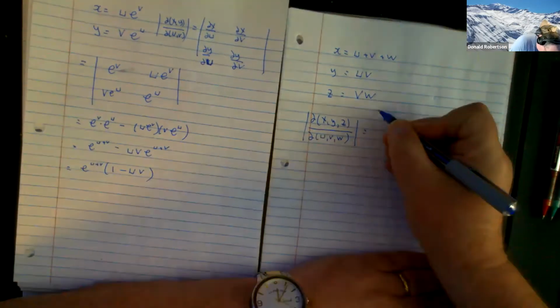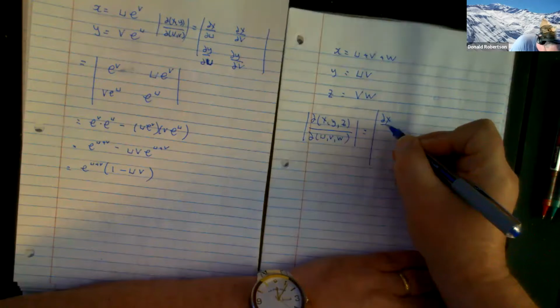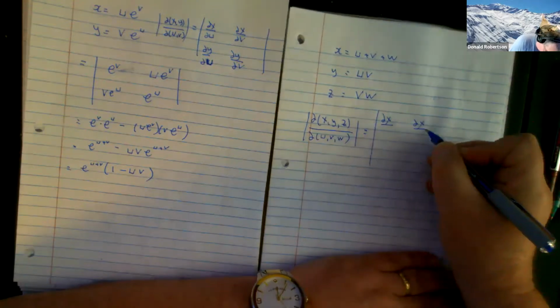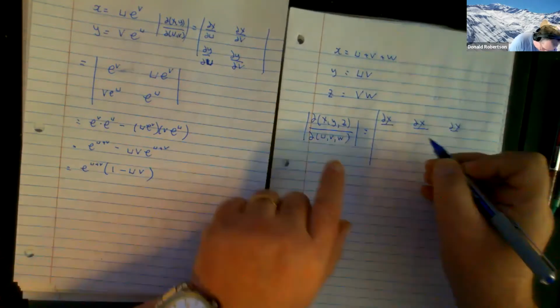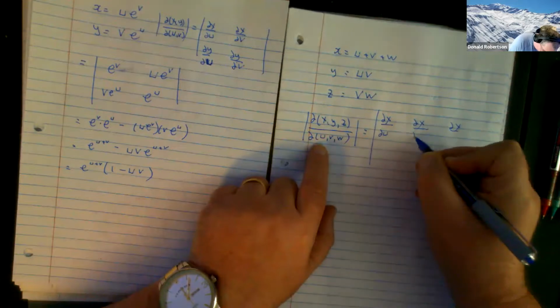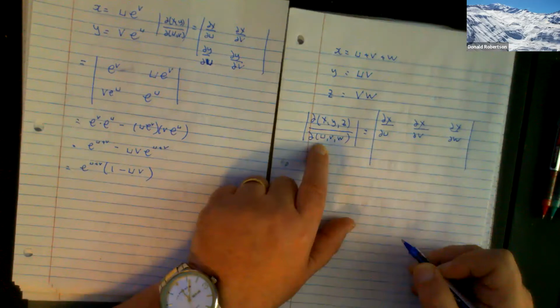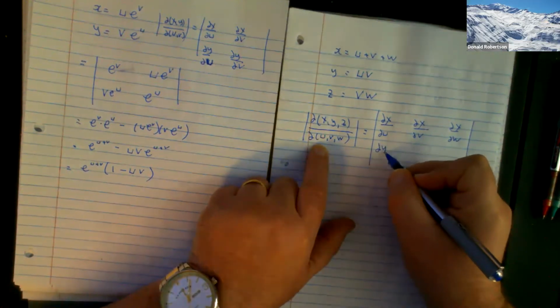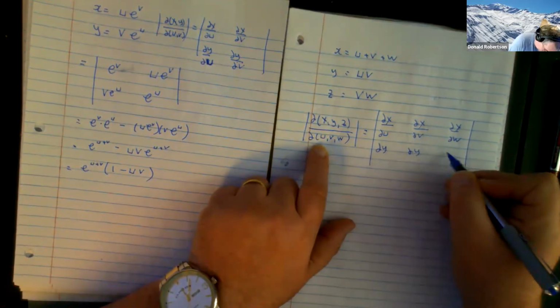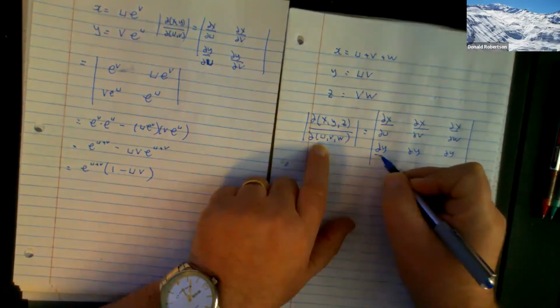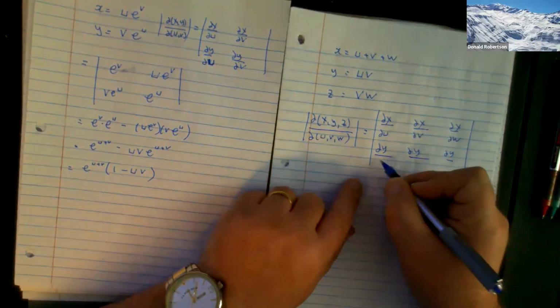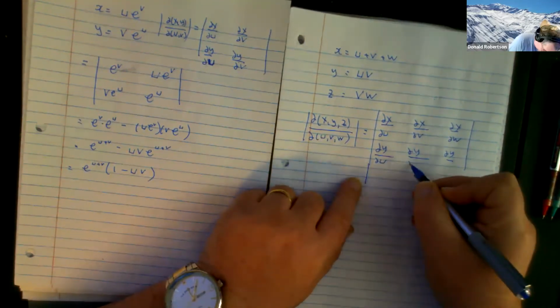Well, the formula is going to be very messy. You take x and differentiate it with respect to u, then v, and then w. Then you take y and differentiate it with respect to u, partial derivative with respect to v, and with respect to w.